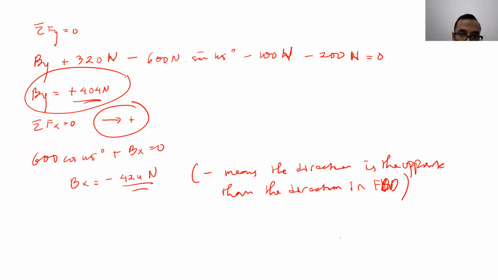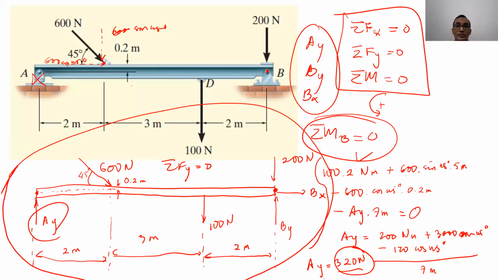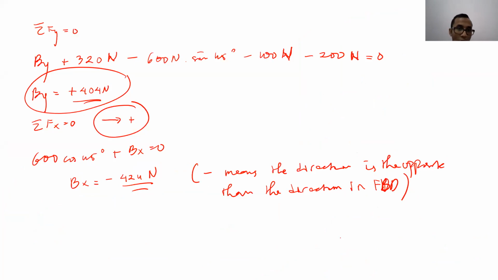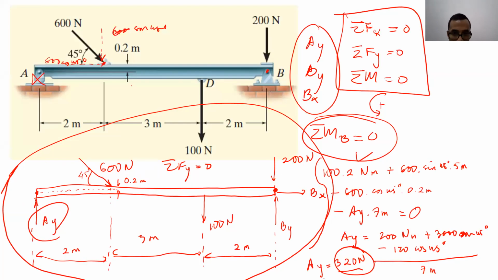If you sum all the horizontal forces except for Bx, the total force is supposed to be going right, 424 Newton. That's why Px will have 424 Newtons going to the left.